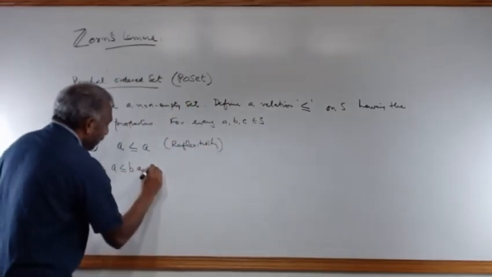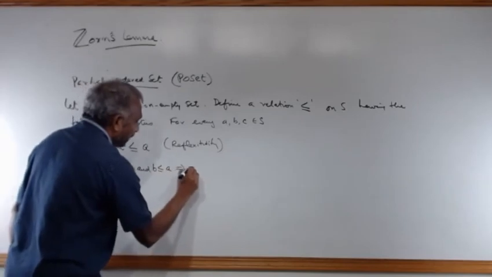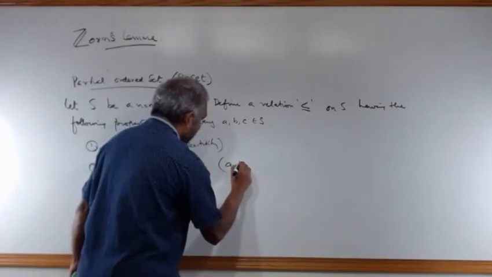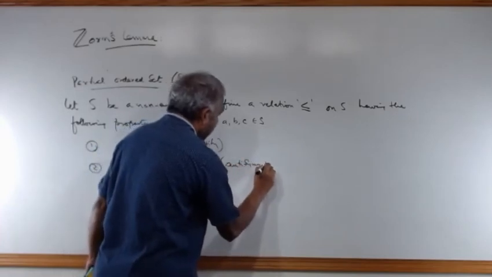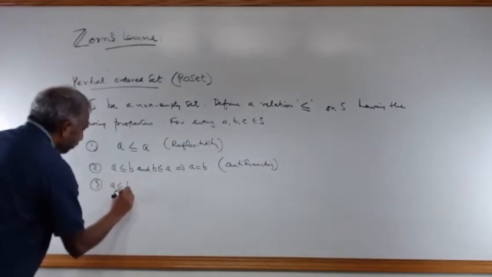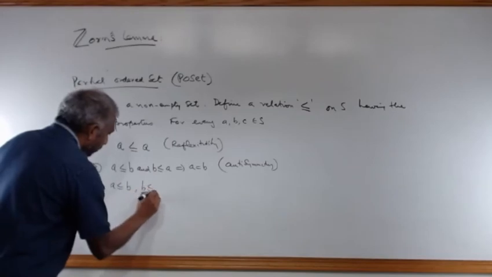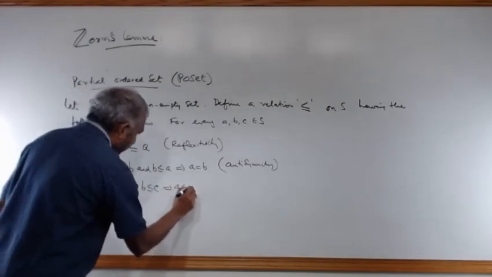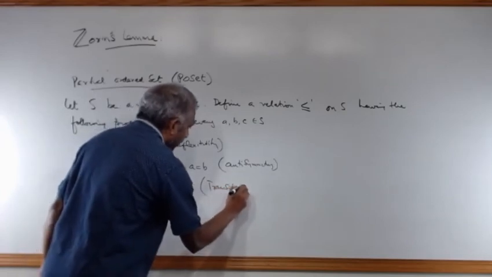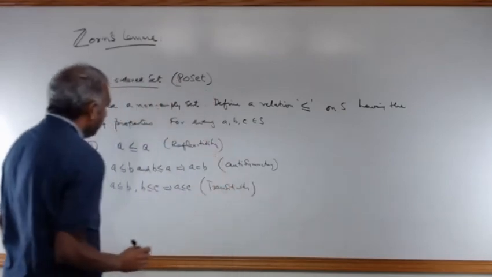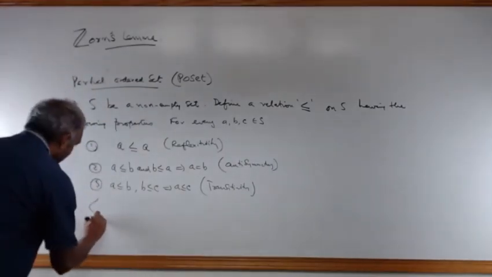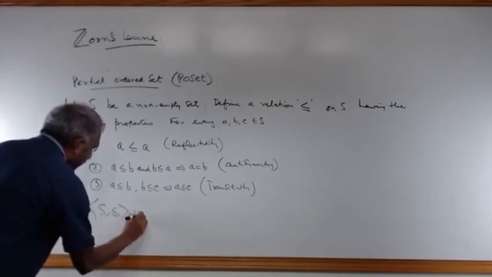And B is less than or equal to A implies A equals B. This property is called antisymmetry. And the third one is A less than or equal to B, B less than or equal to C implies A less than or equal to C. It's called the transitivity property. If these three properties are satisfied, the set S along with this relation is a poset.